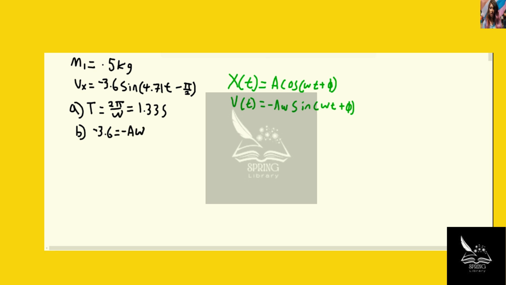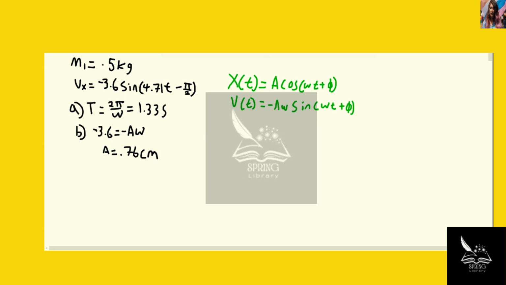We know that omega is 4.71. We have this 3.6. Some simple math can tell us that the amplitude is going to be equal to 0.76. And the problem specifies that this amplitude right here is in centimeters per second, so we're going to call this centimeters.